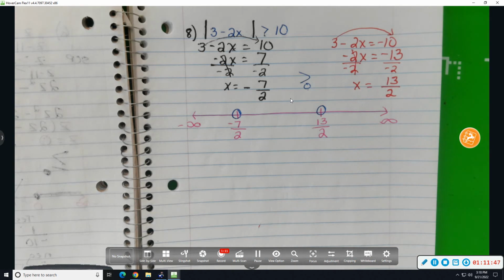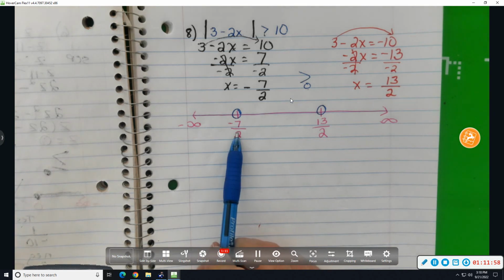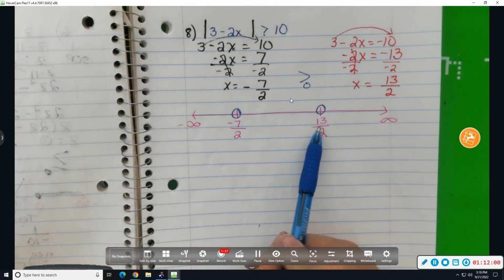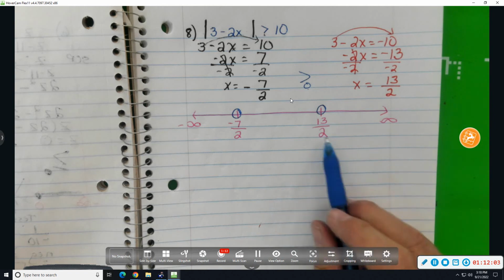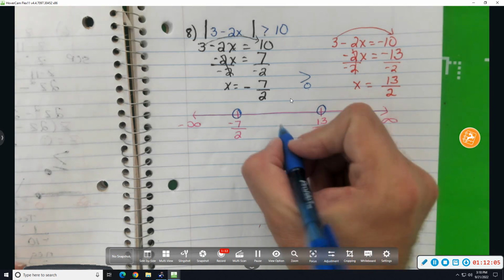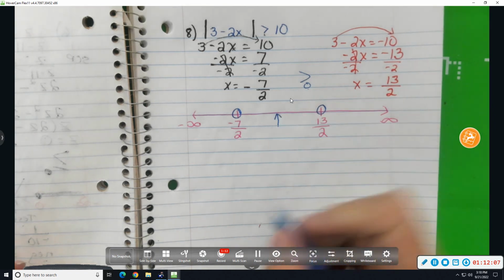Zero is not the cut point, so that's the number I'm going to use to test. But which interval am I using? If I'm going to use 0, where does 0 lie? Between two negatives? Between a negative and a positive? Or between two positives? Yeah, 0 is always between a negative and a positive.